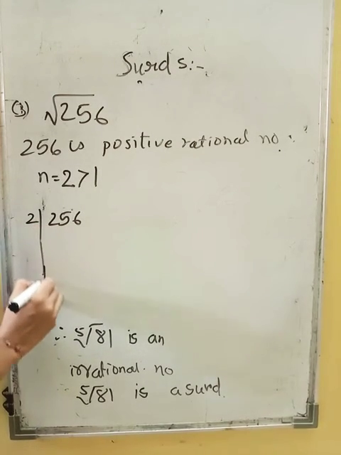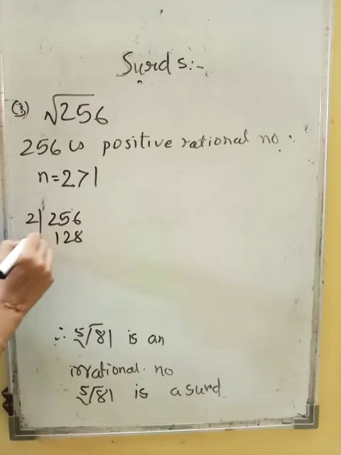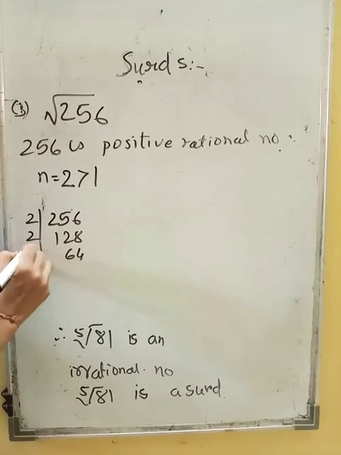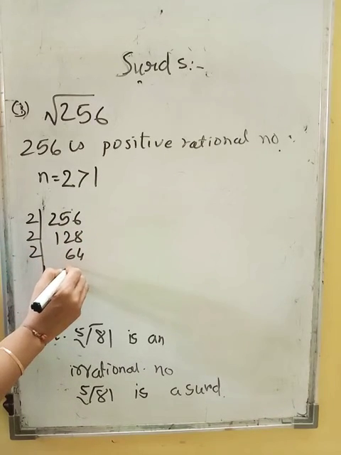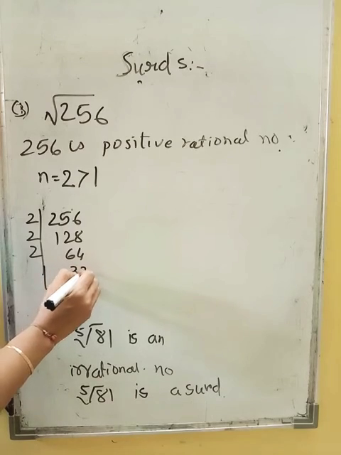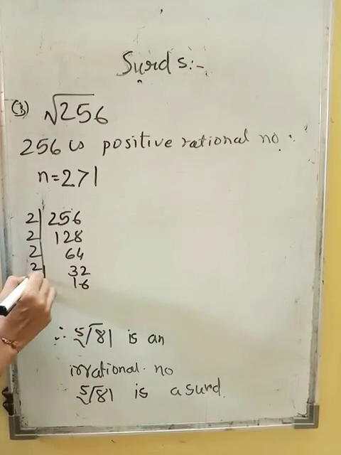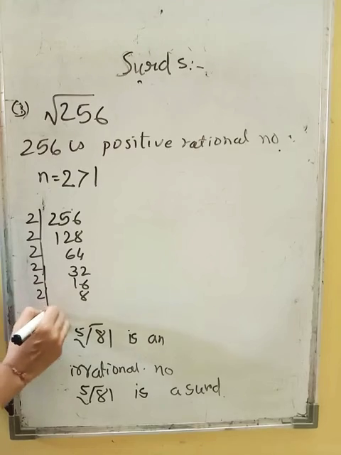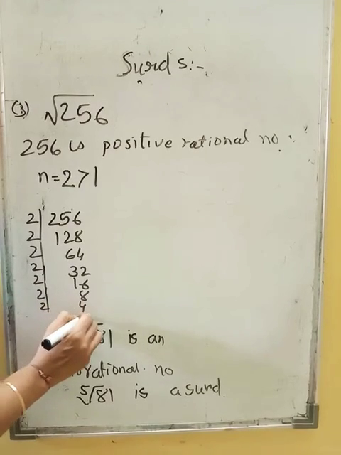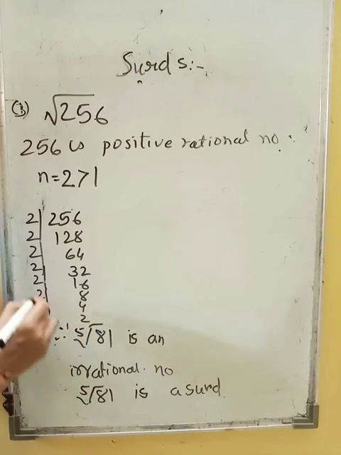Divide by 2. 128 divide by 2. 64 divide by 2. 32 divide by 2. 16 divide by 2. 8 divide by 2. 4 divide by 2. 2 divide by 2. 1.